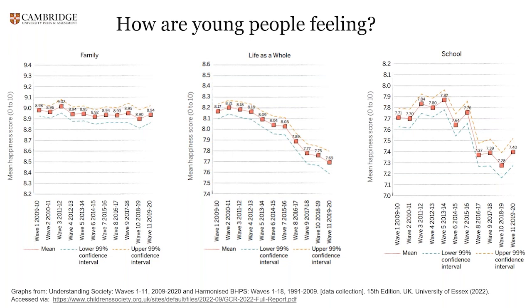These are reported happiness scores, if you like, how content and how happy children and young people are feeling. And you can see at home, fairly level. But when you look at life as a whole and school in particular, they're far more erratic. In terms of school, for sure, up and down. But in both cases, downward trends are fairly evident there.